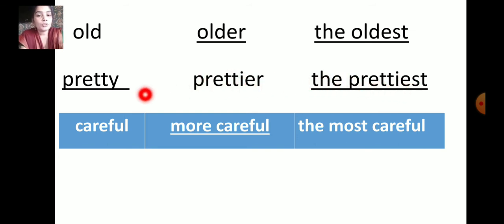So here I have given dash, prettier, dash. So here positive degree is pretty. Prettier and the prettiest.